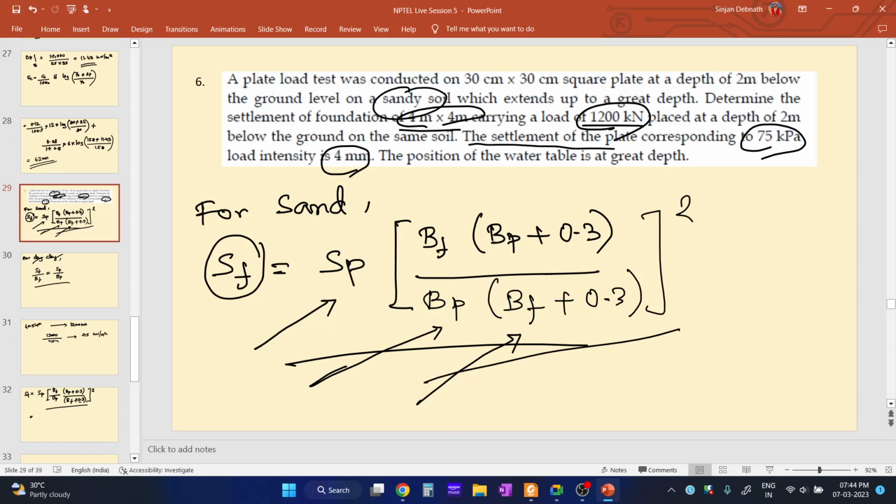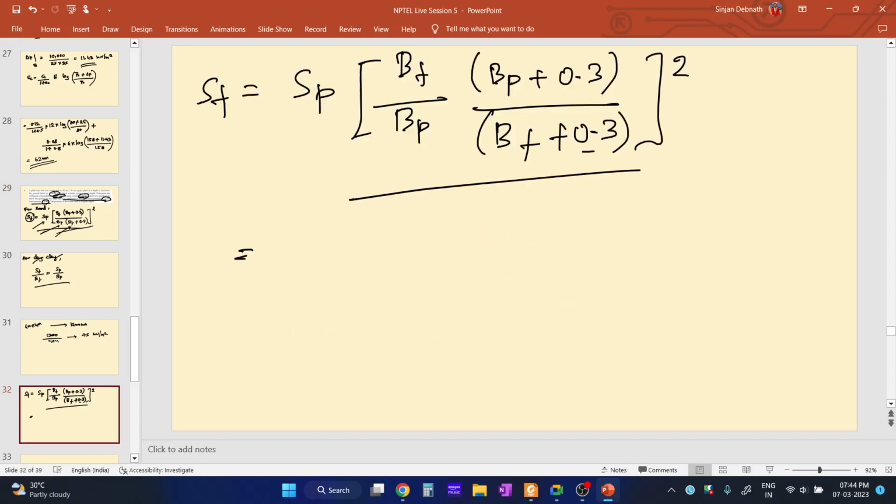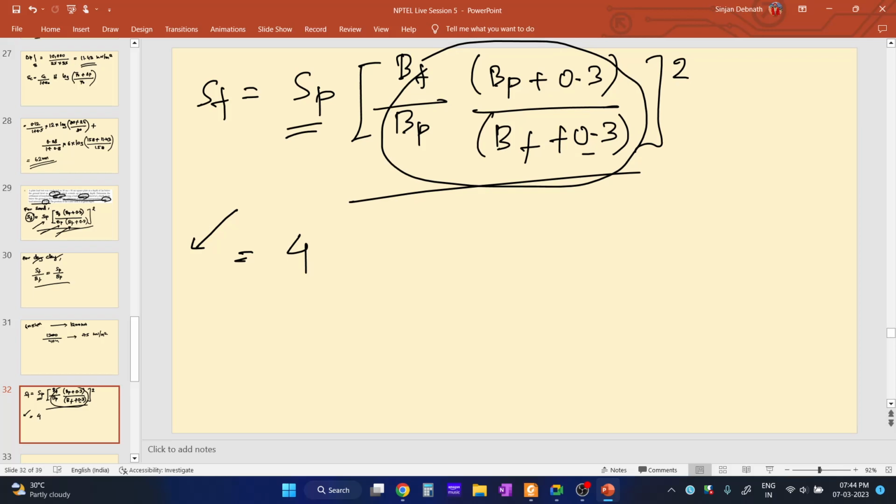The settlement of the plate corresponding to 75 kPa is 4 millimeter. If you put this settlement in millimeter, you will get the settlement of footing in millimeters, obviously, because this is a ratio. All the units are the same.